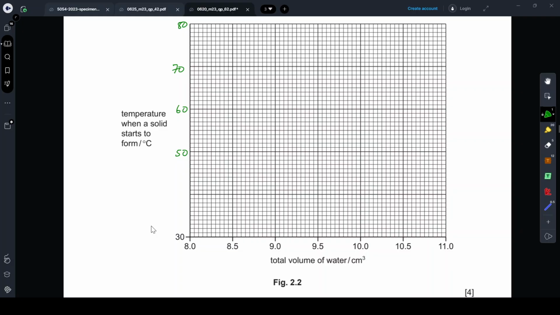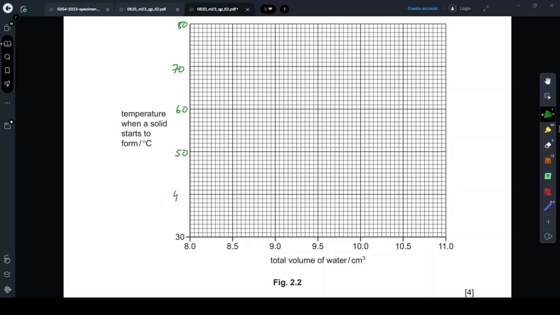That's not true. The scale of the axis can be different for both axes. Over here, one big square, so 10 small squares, is equivalent to 0.5 centimeter cube, and over here I'm taking 10 squares to be 10 degrees centigrade.